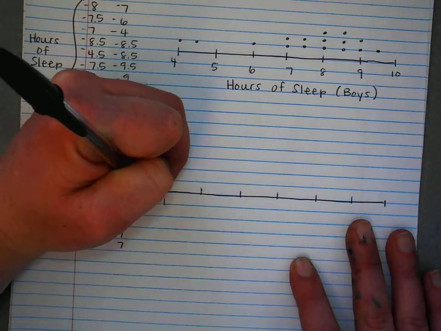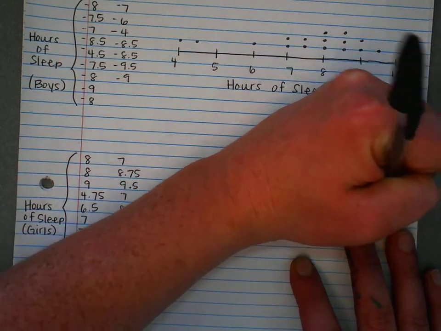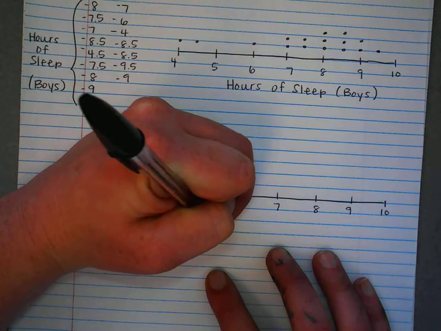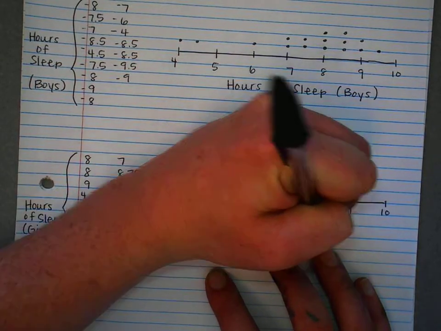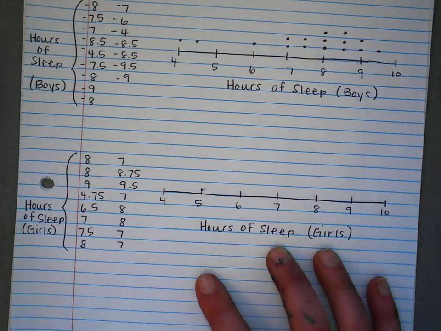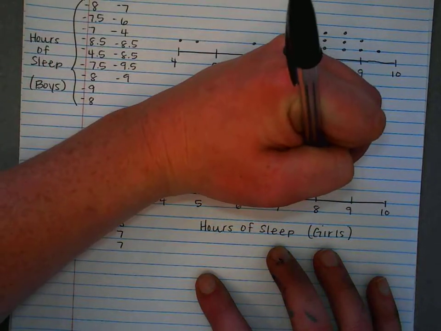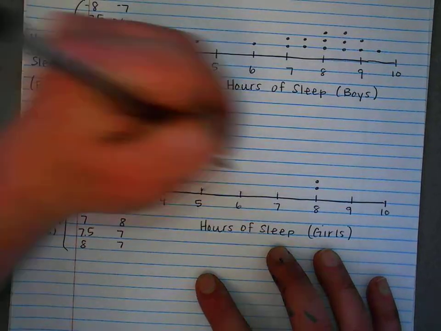Okay, so 4 hours, 5, 6. And I'm going to label it the hours of sleep that the girls got. Okay, oh, I kind of smeared it, sorry. Okay, so we'll go 8, and we'll hurry and mark how many for each.